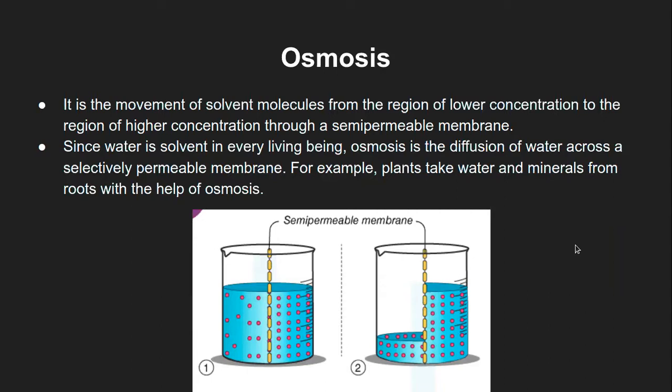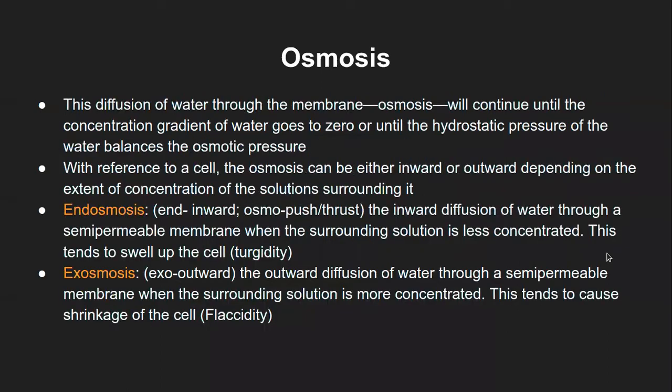I hope you like I had drawn the diagram on the board and explained this process, like what is diffusion, what is osmosis, based on the particular diagram. And of course endoosmosis, that is the osmosis movement of solvent molecule inside the cell, endo is inside, so that is endoosmosis, and exo is outside.